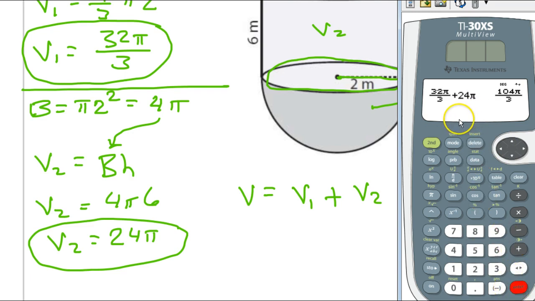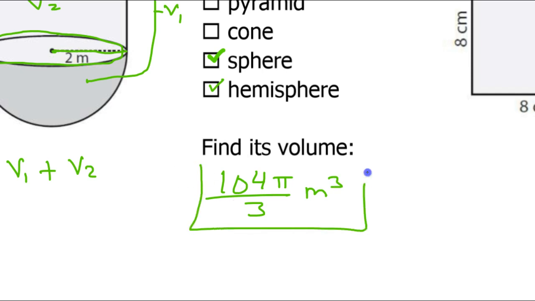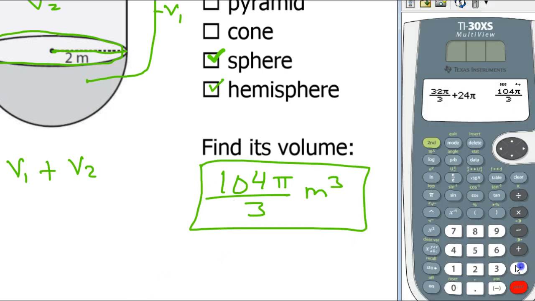So that's going to be 104 pi over 3. That's the exact answer. And since the units are in meters, this will be cubic meters. Or as a decimal, that's going to be 108.91.